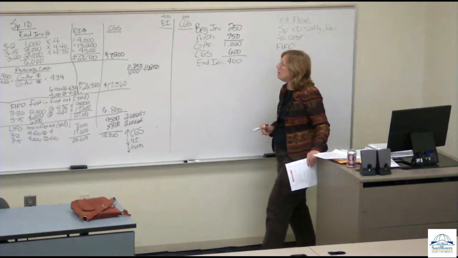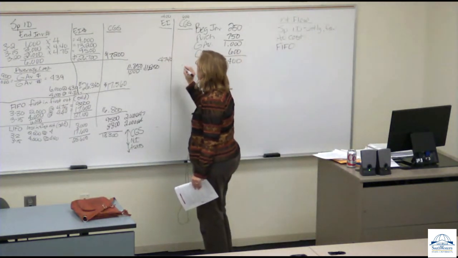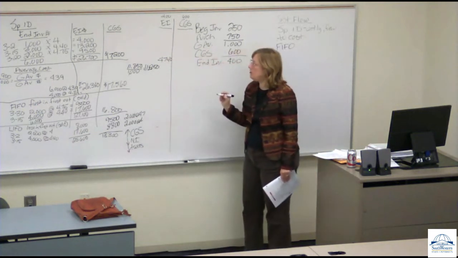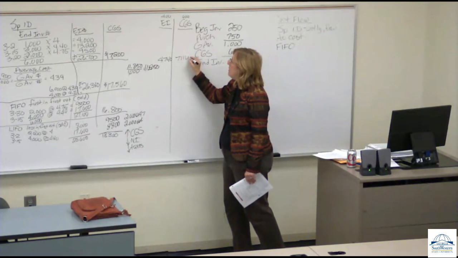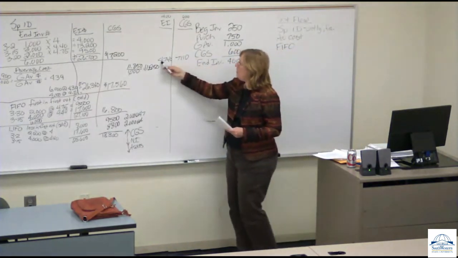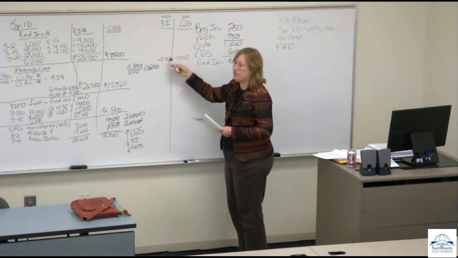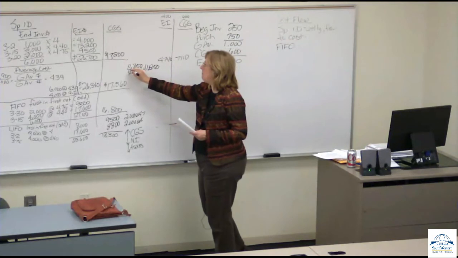For ending inventory, I got 4,740. 4,740, and for cost of goods sold, you have 7,110, and that equals a total of 11,850, right? Just like our total goods available.